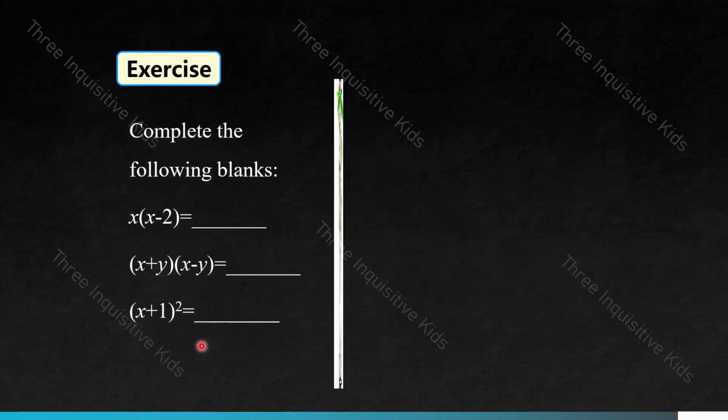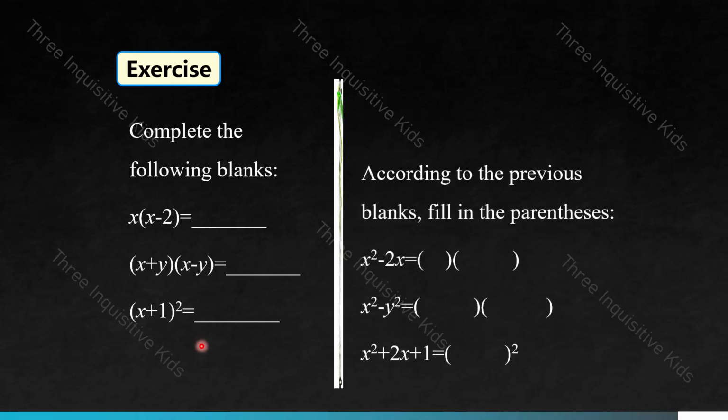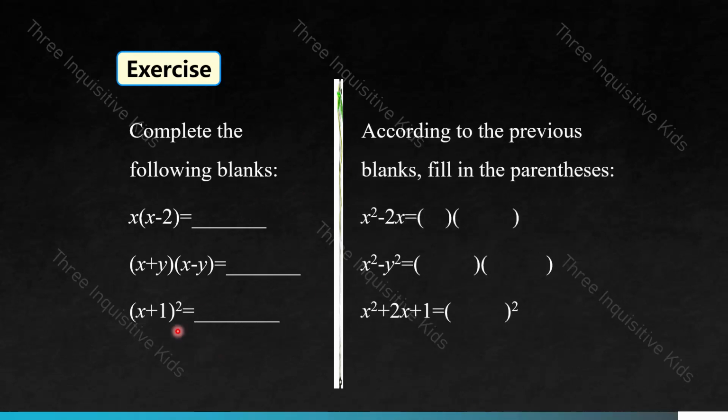Let's do an exercise. Complete the following blanks. Now I want you to pause the video and fill in the blanks. So this should be pretty simple. Using the distributive property, you can fill in these blanks. So it would look like x squared minus 2x, x squared minus y squared, and x squared plus 2x plus 1.